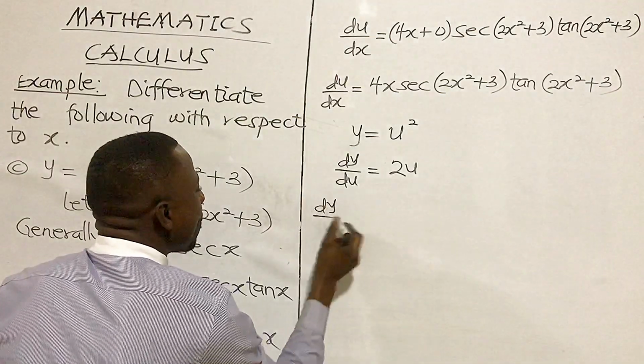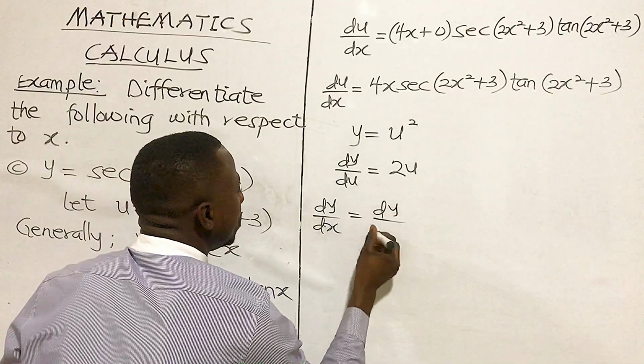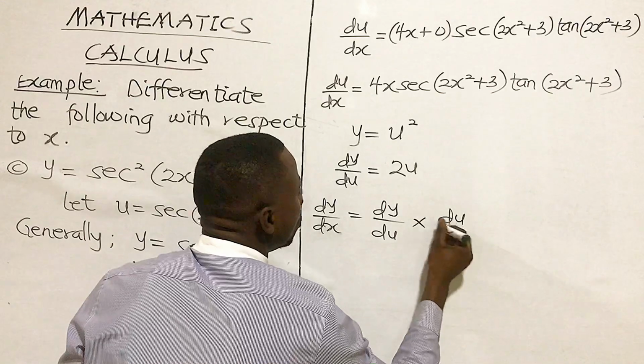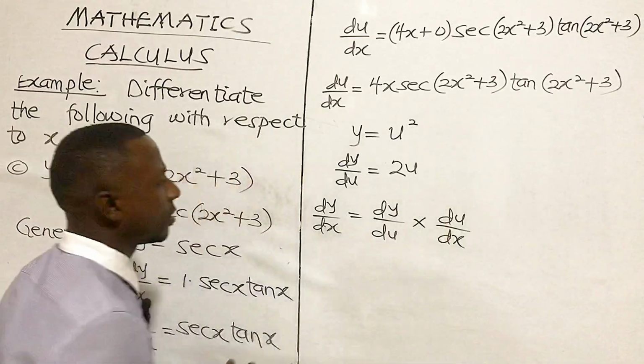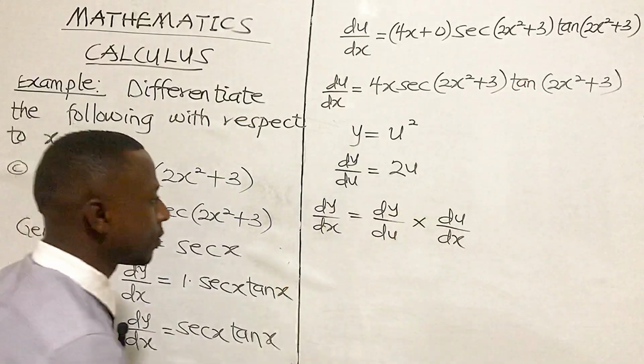Dy over dx is going to be dy over du multiplying du over dx. So I have dy over du to be 2u.